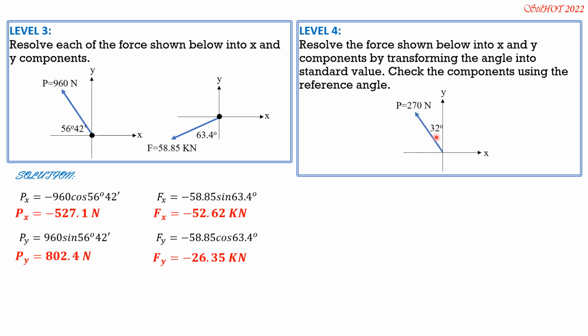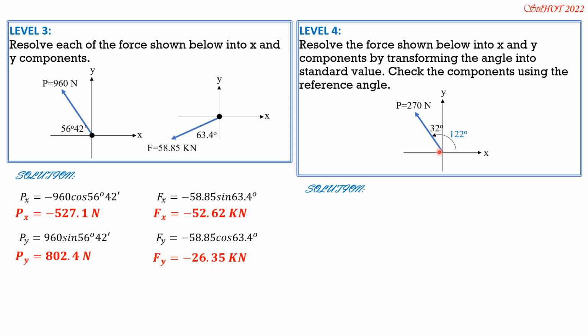So this is 32 degrees. So from the positive x-axis, 90 plus 32, the standard theta for that force is 90 plus 32, so 122 degrees. So therefore, we expect that x component is negative, y component is positive.